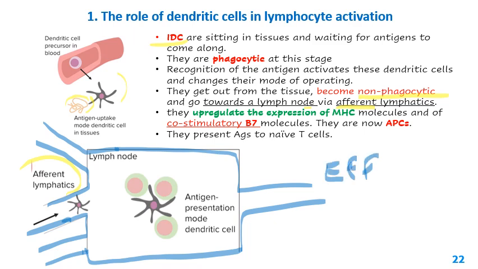The dendritic cell gets there through the afferent lymphatic and looks for a T cell that matches the antigen that it just ate. Why? Because these dendritic cells are very good antigen-presenting cells, and you even call them professional antigen-presenting cells. There are some characteristics that make them professional.